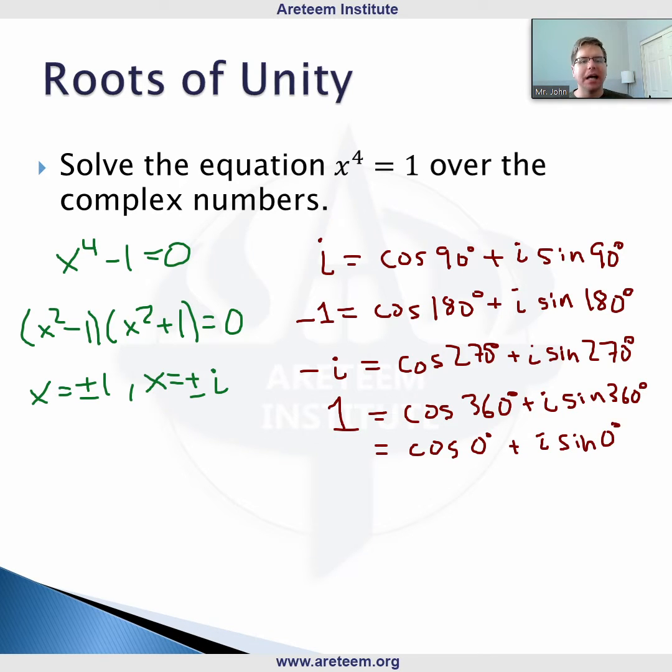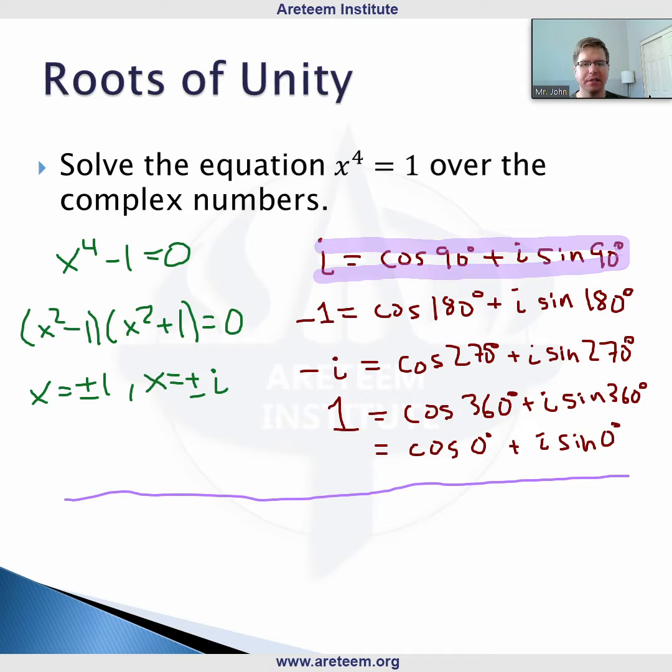Now, let's highlight this first and last one again. I want to give a little preview of how we're going to solve some of these when the numbers get a little bit messier. Let's look at, for example, the first one here, cosine of 90 degrees plus i sine of 90 degrees, and let's look back at our original equation.